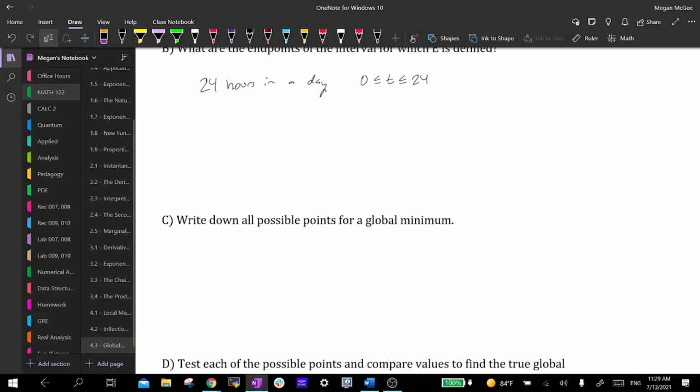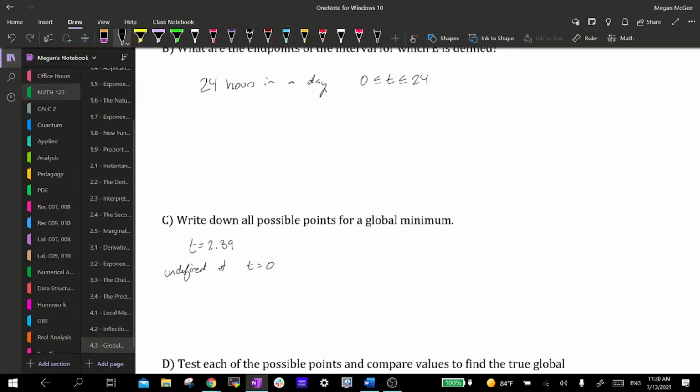All right, so these are our endpoints, 0 and 24. Part C asks us to write down all possible points for a global minimum. All right, so at the critical points, where t is equal to 2.39, we have another type of critical point. That's where it is undefined, right? And we had dividing by t, so that means we are undefined at t is equal to 0.